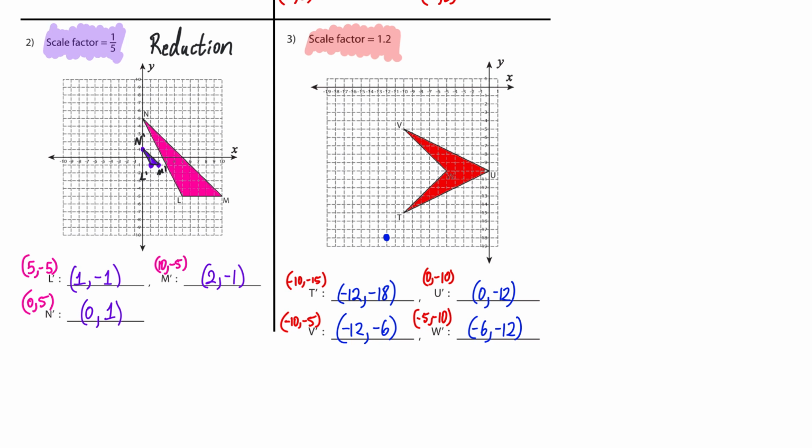Okay, there's T prime, U prime, V prime, and W prime.